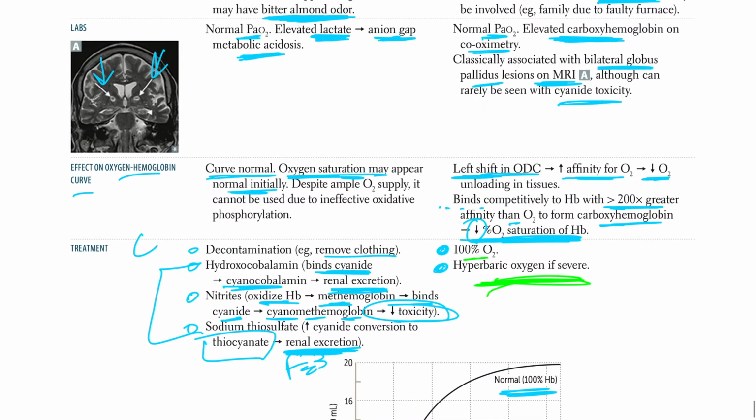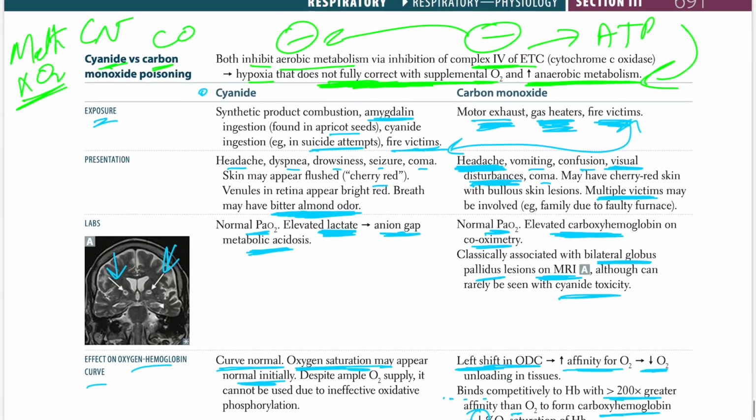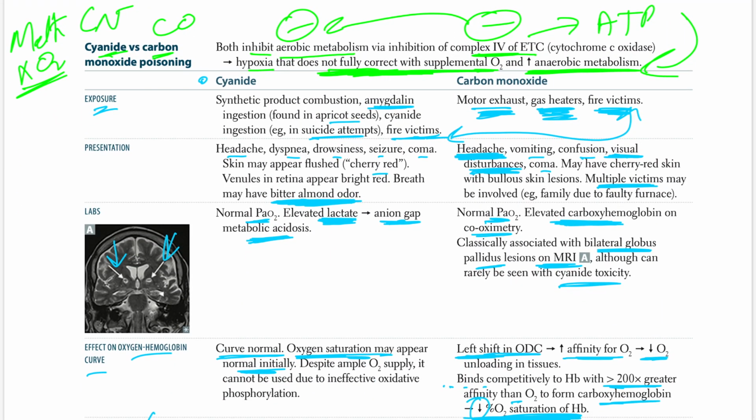So we talked about how cyanide and carbon monoxide poisoning would cause anaerobic metabolism, because there is no ATP. Cyanide: amygdalin, apricot seed, suicidal and fire victims. There's going to be headache and, most importantly, bitter almond odor with increase in lactate. Why lactate?